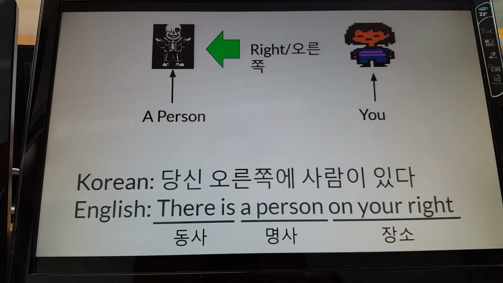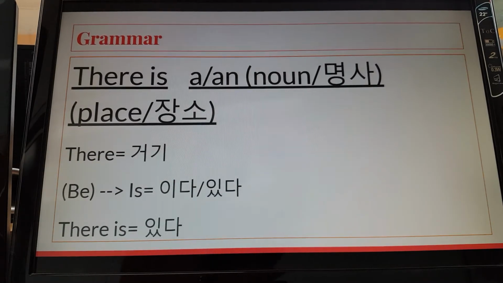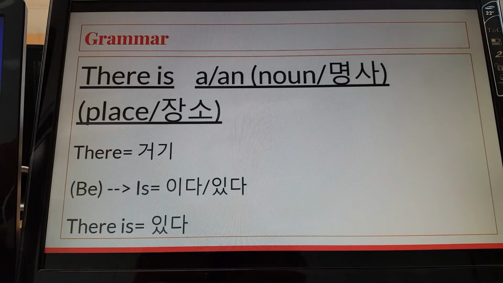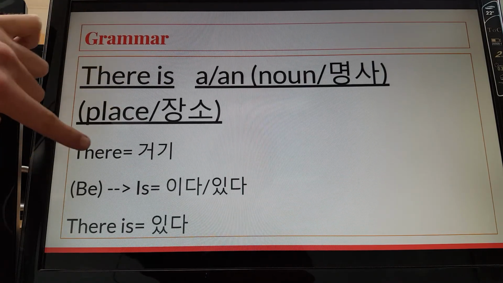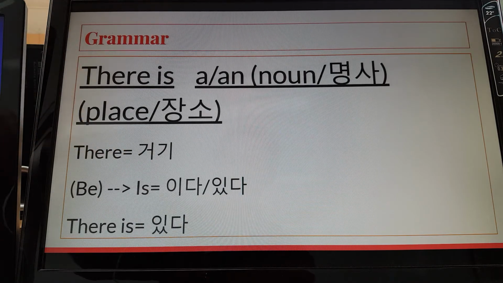And if we look at the grammar, there, this is the meaning in Korean. Be, which is, because it's just one. So when you use, it's a special phrase, like there is, which means this in Korean.